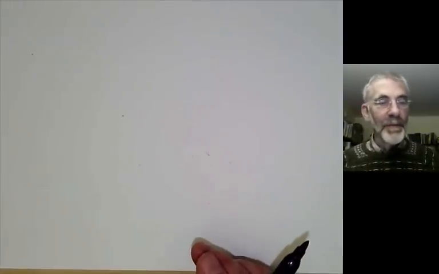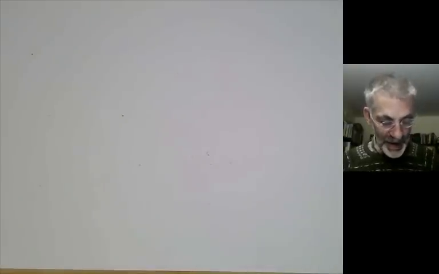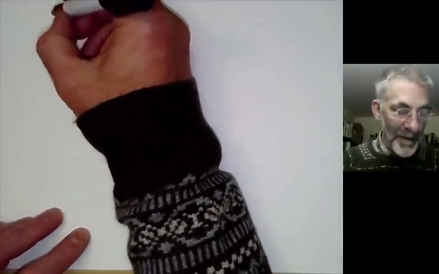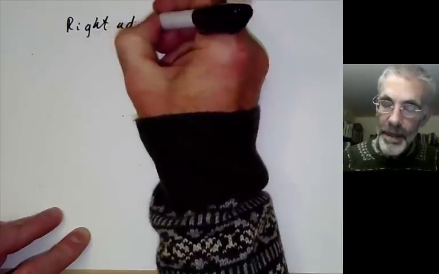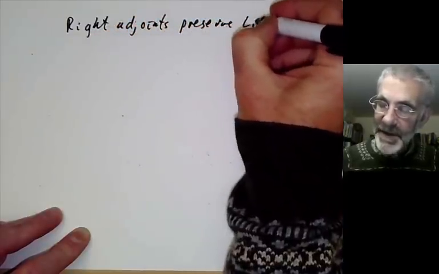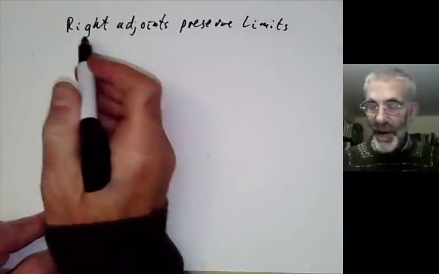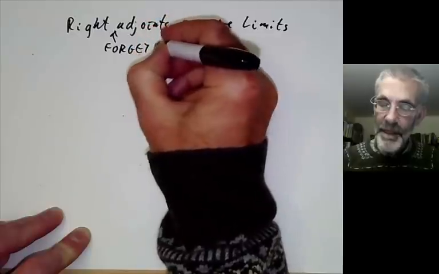So next we can ask, what properties do limits and colimits have? Well, there's one very useful property, which is that right adjoints preserve limits. Now, you remember a right adjoint is quite often a forgetful functor.